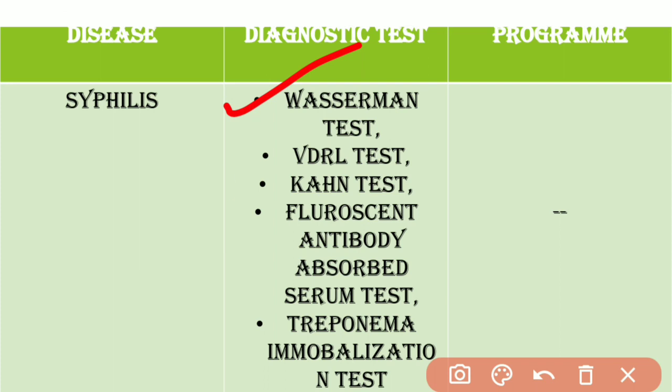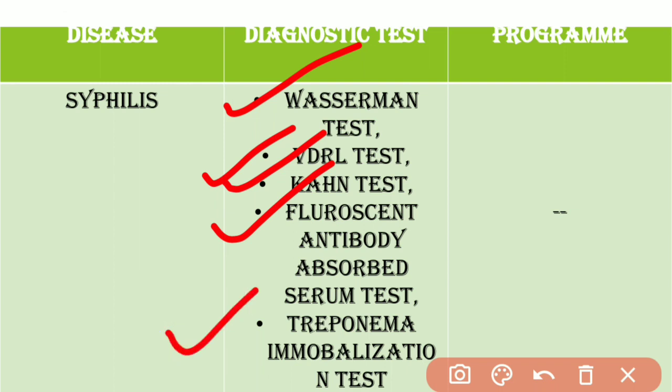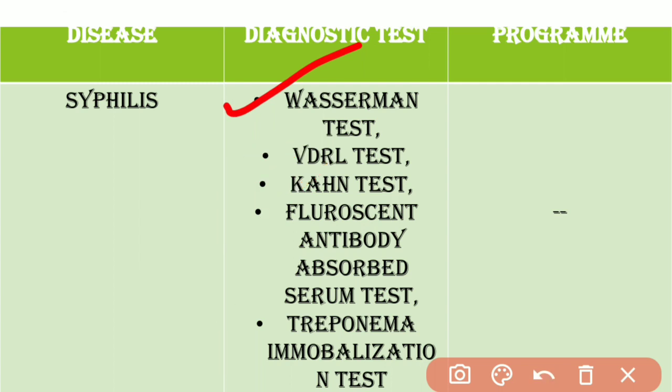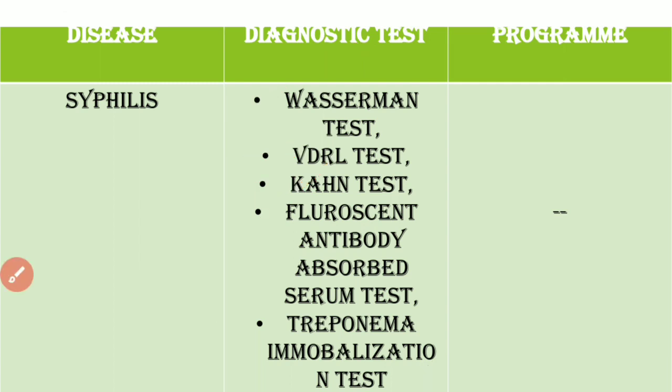Next one is the VDRL test, the Venereal Disease Research Laboratory test. Next one is the Kahn test. Next one is the fluorescent treponemal antibody absorption test, and last one is the Treponema pallidum immobilization test. So these tests are performed for the identification or cure of syphilis.